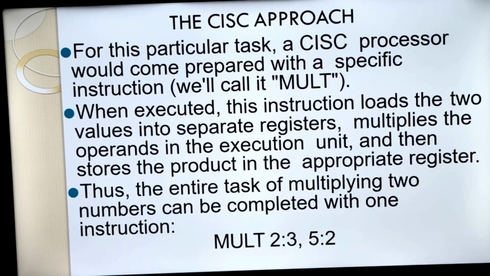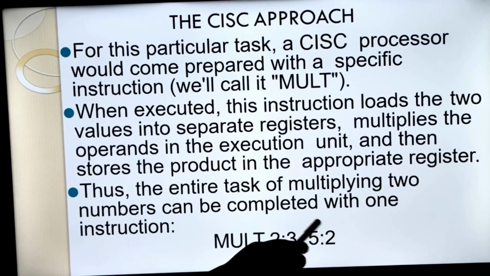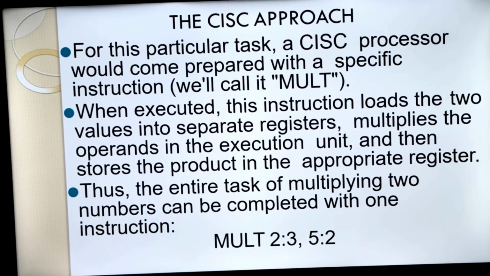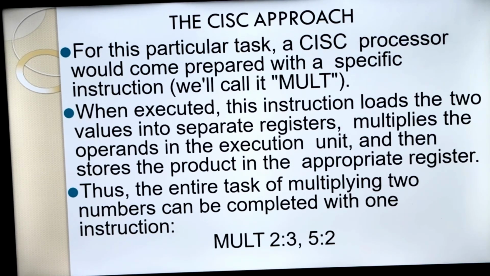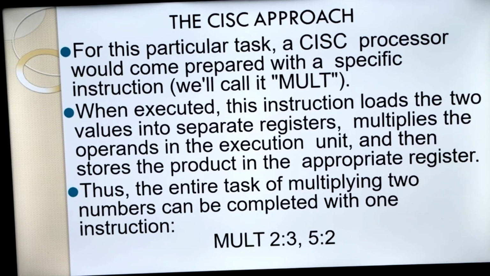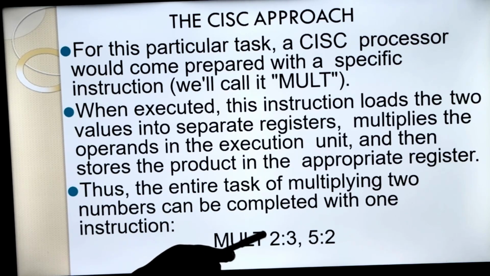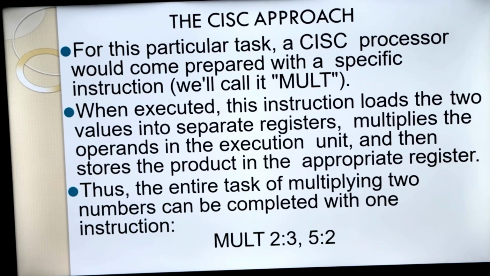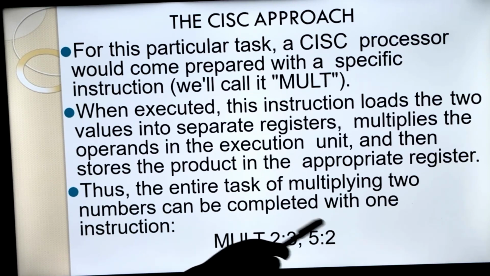Now for a CISC approach or CISC architecture, to perform this whole operation, to multiply these two numbers, we don't have to write a series of instructions. Only one instruction is enough to make your processor understand the operation. What is that? This MULT, M-U-L-T. If you use this keyword MULT, your processor will understand that the instruction is a complex instruction, meaning this is not a simple or straightforward instruction.